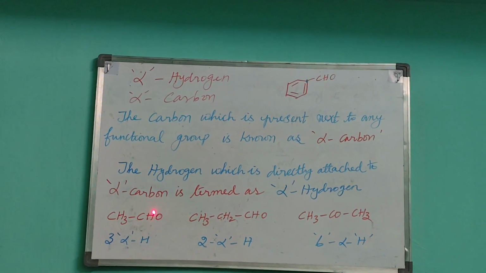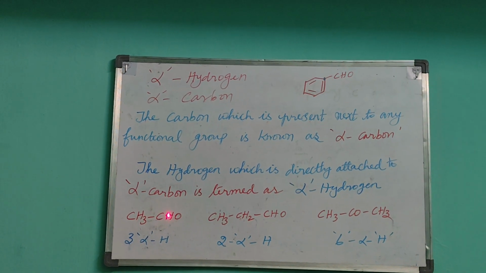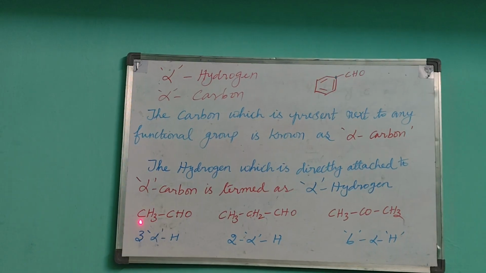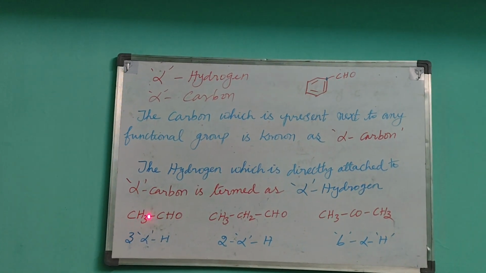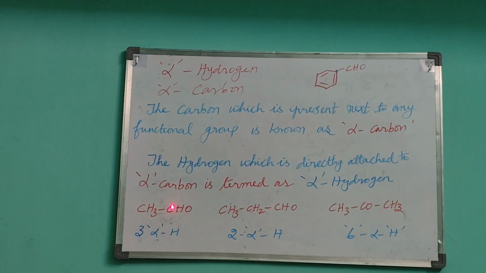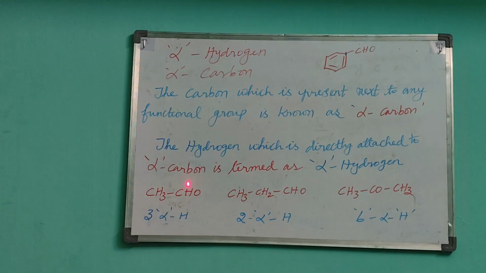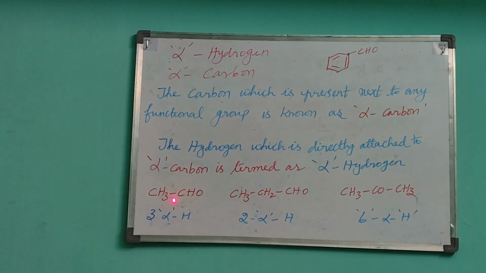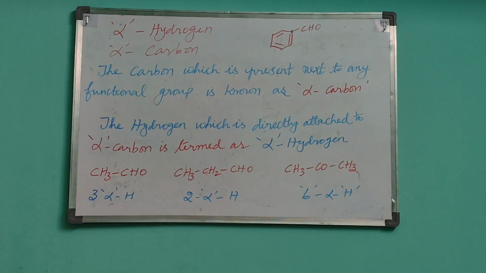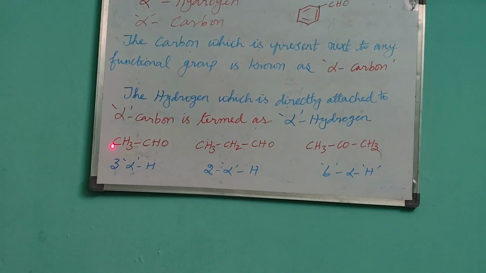So in this first example, acetaldehyde, CHO is the functional group, and the carbon present next to it is this carbon. Please make note of it: don't consider this as an alpha carbon. This is the functional group carbon, not an alpha carbon. The carbon which is present next to the functional group is the alpha carbon. So in this compound, this carbon is the alpha carbon.